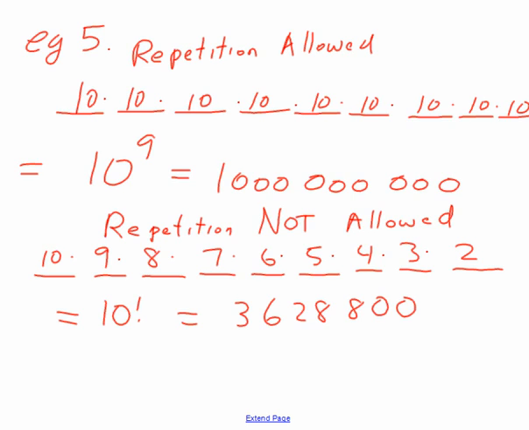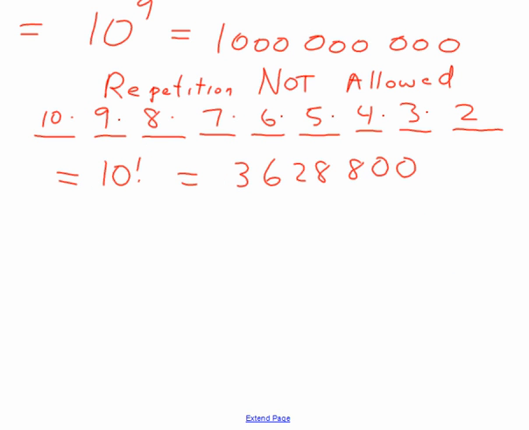Okay, now class, the last part of the last example. This question could also be done with P. If repetition is not allowed, you can use nPr. What would be the question marks for social insurance numbers in Canada if repetition is not allowed?